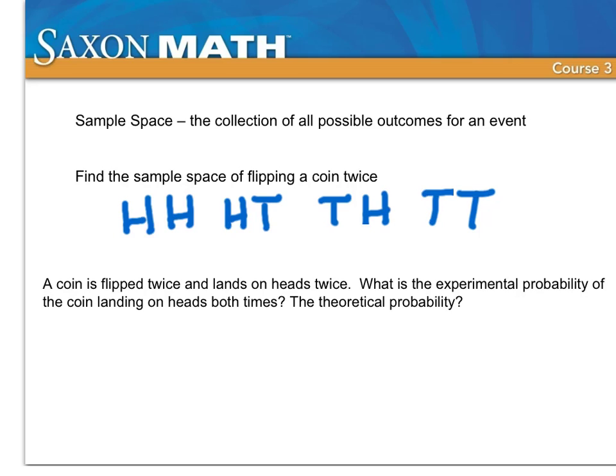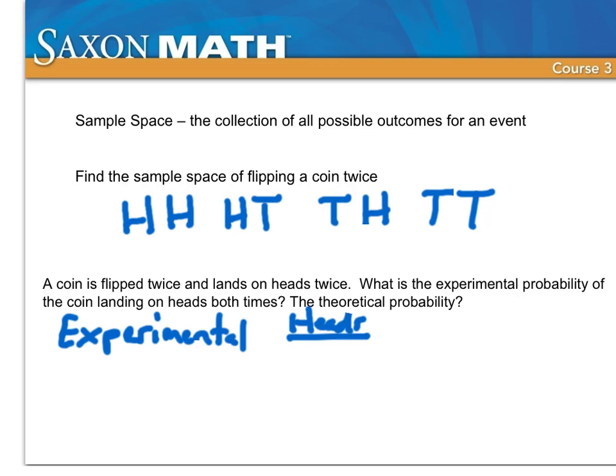This example says a coin is flipped twice and lands on heads twice. So both times it was flipped, it landed on heads. I want to know the experimental probability of the coin landing on heads both times, and the theoretical probability. Again, the experimental probability is what actually happened. So the number of favorable outcomes, now we're doing experimental here, the favorable outcomes are landing on heads, and that's over the total things that happened.